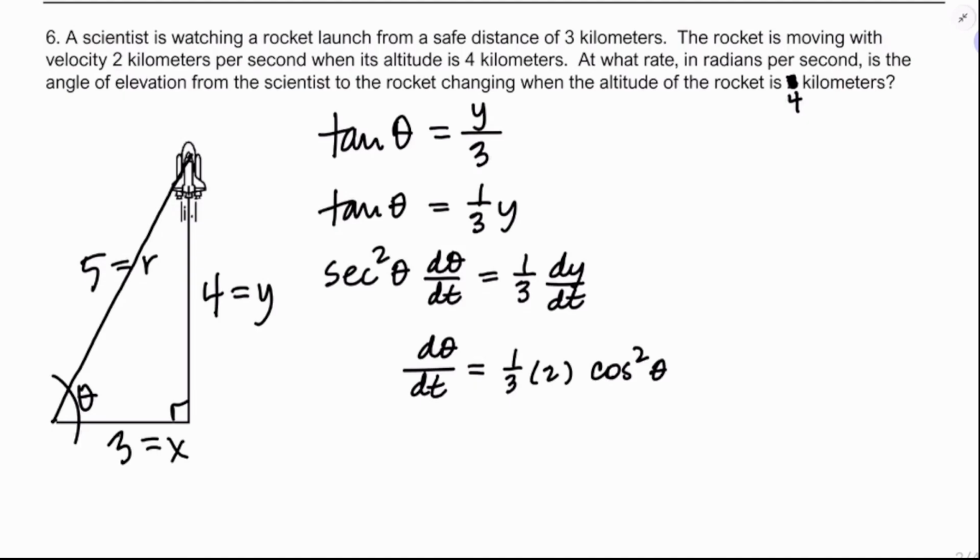Because it's a 3, 4, 5 triangle. So d theta dt equals 2/3 times 3/5 squared, so times 3/5 times 3/5. And that's going to be 6 over 25. Okay, and that's all for Form M.